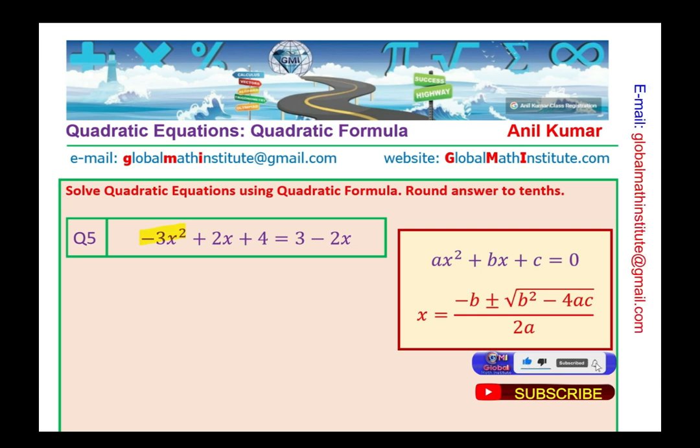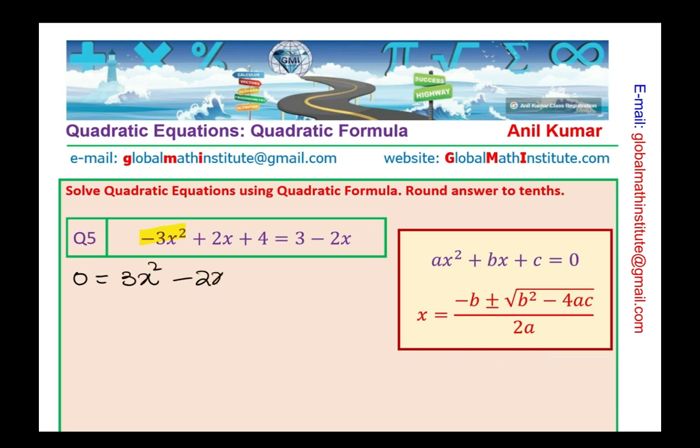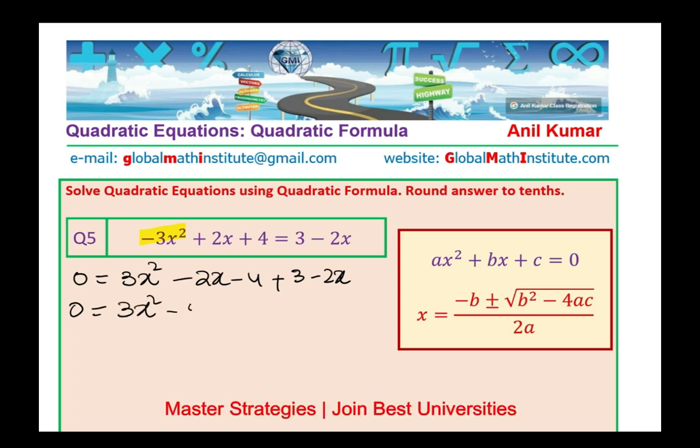So I'll rewrite this as 0 equals, taking to the right side, I get 3x squared minus 2x minus 4, and we have my plus 3 minus 2x here. Let's combine the like terms. We get 3x squared minus 2x minus 2x is minus 4x, and minus 4 plus 3 is minus 1, correct?